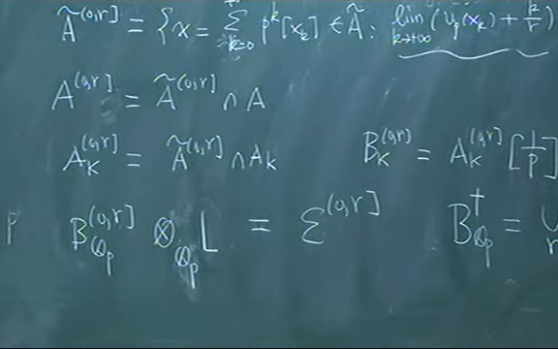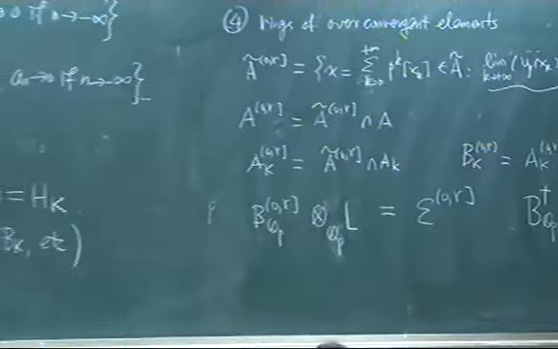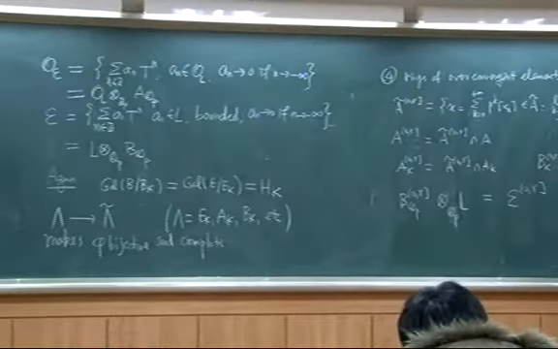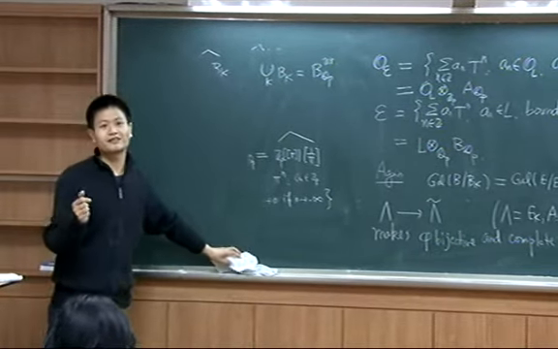So this is dagger, the field of overconvergent elements. So these are all the elements we give. So these are Fontaine rings. So as I said, we have a lot of notations. Okay. So now we move to the second part.